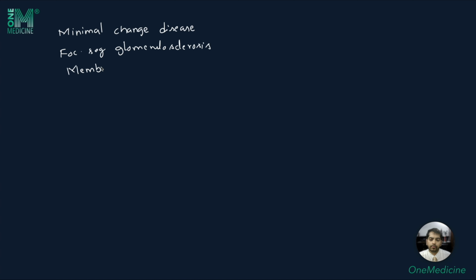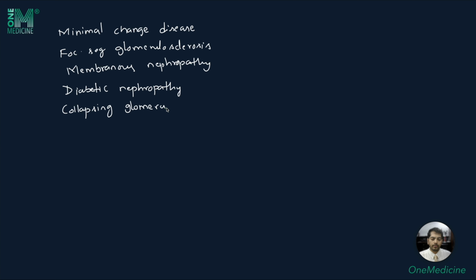Severe degree of proteinuria can be seen with minimal change disease, focal segmental glomerulosclerosis, membranous nephropathy, diabetic nephropathy, collapsing glomerulopathy, HIV associated nephropathy.